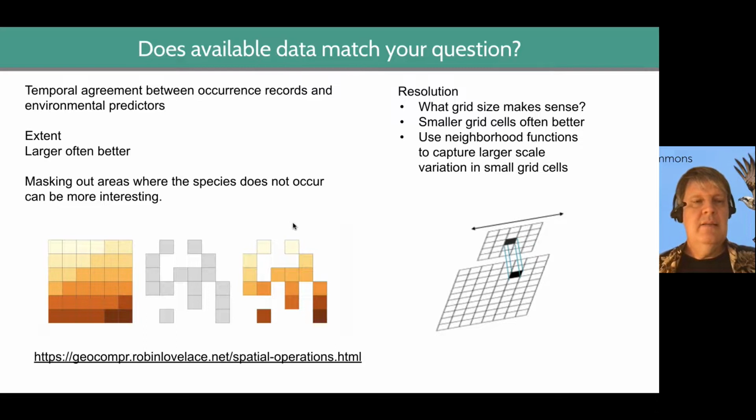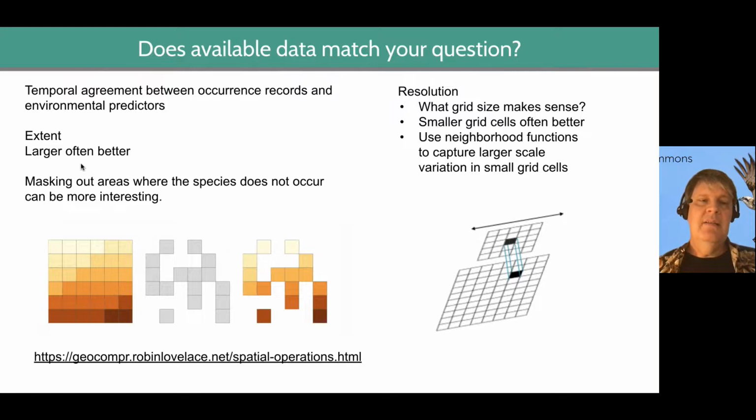And then the other thing to keep in mind is the resolution, so the size of each of these grid cells. Smaller is generally better, right? You're going to get better predictions, and predictions that are of more use for more purposes, if you use a smaller grid cell.